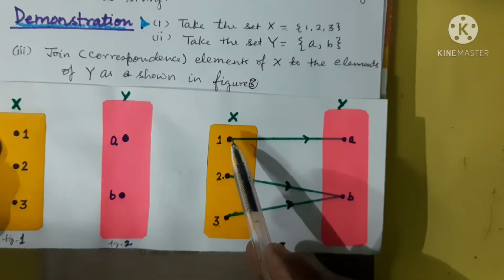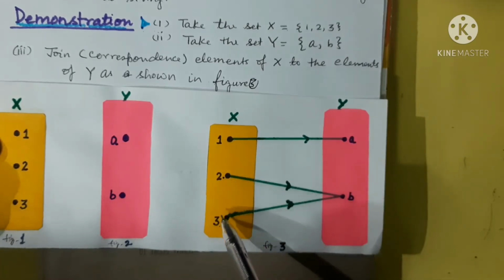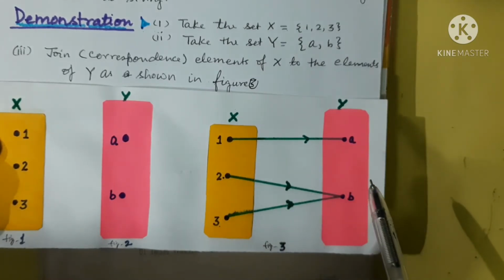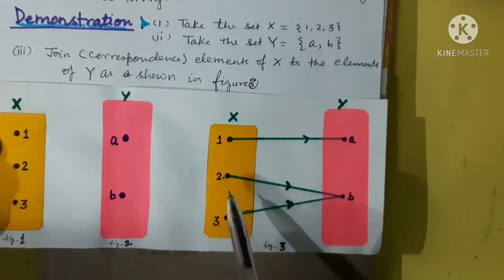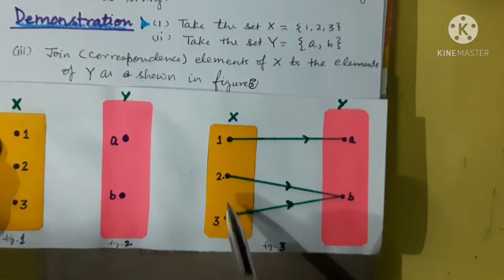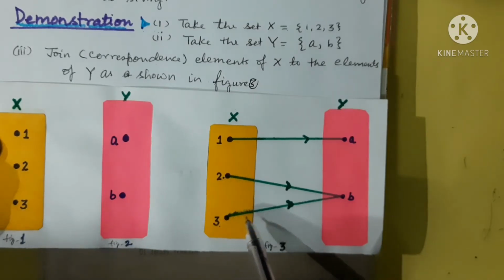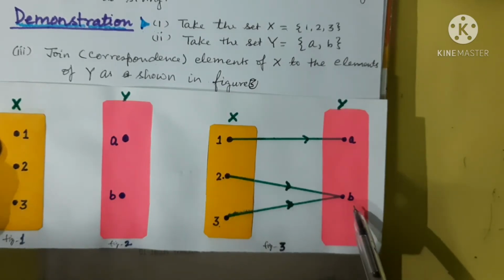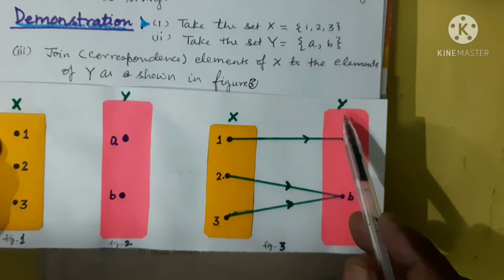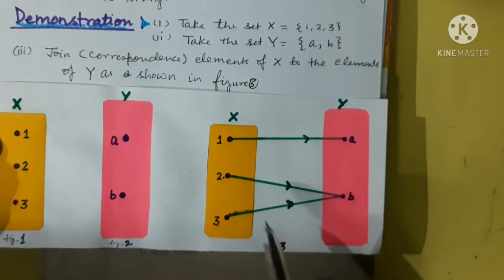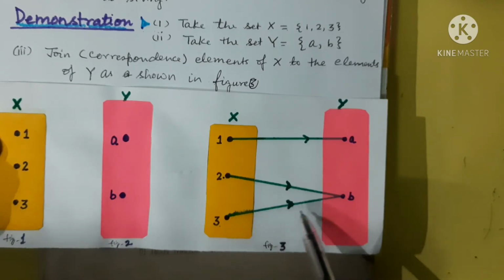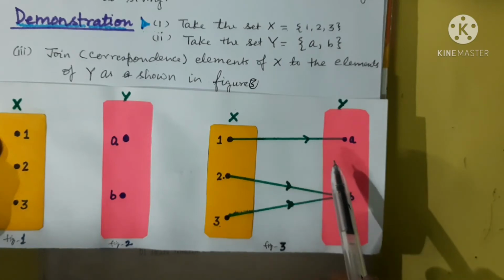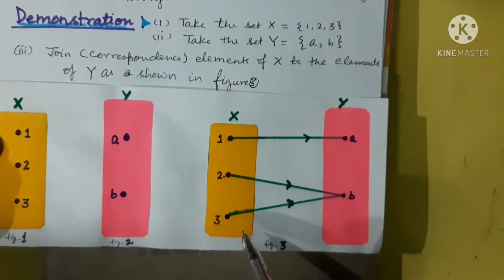The elements of set X have images in set Y. Since we are seeing that the images of 2 and 3 are the same image B in set Y, this function is known as the many one function. It means this is not a one-one function.